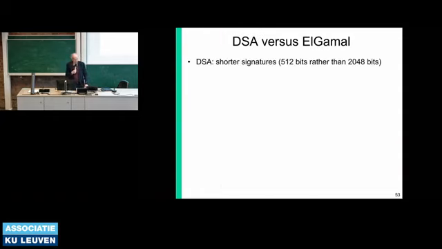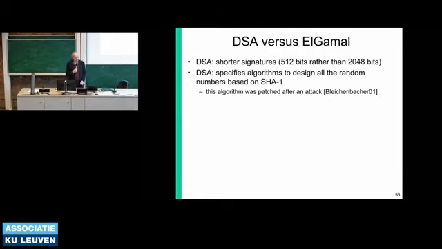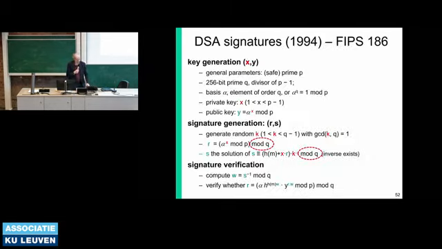So in fact, it was less functional, but the US government found that a great idea. As I said, DSA has much shorter signatures. It also specifies very specifically how you have to generate this random number k. When you make a signature, you actually make a new key pair. You have your long-term key pair x and y, which is g to the x. The first step of a signature for El-Gamal and DSA is to generate a random number, and DSA tells you how to generate it.